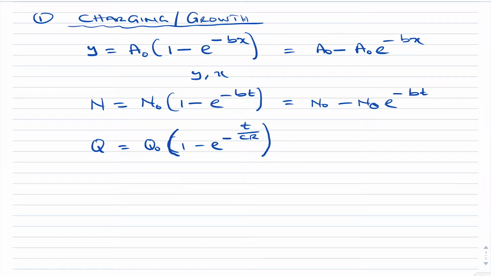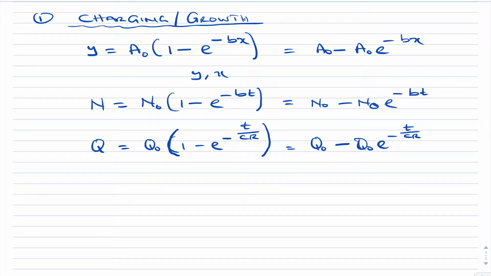Okay, so that's for the capacitor, which is common in A-level physics. You have Q naught as the initial charge on the capacitor, and Q naught minus Q naught e to the power minus t over CR when you expand it, and those are the functions you use.